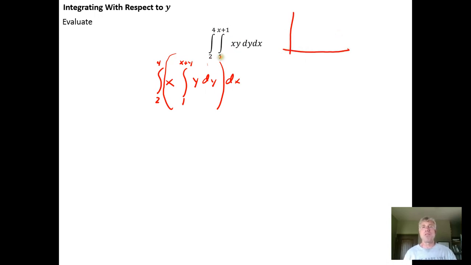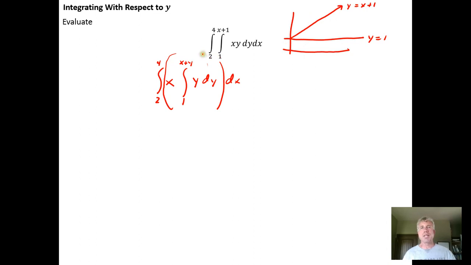This first one says go from y equal 1 to y equal x plus 1. So y equal 1 would be a horizontal line, and y equal x plus 1 would be y equal x shifted up one space. So slope 1 going off like this. This is y equals x plus 1.